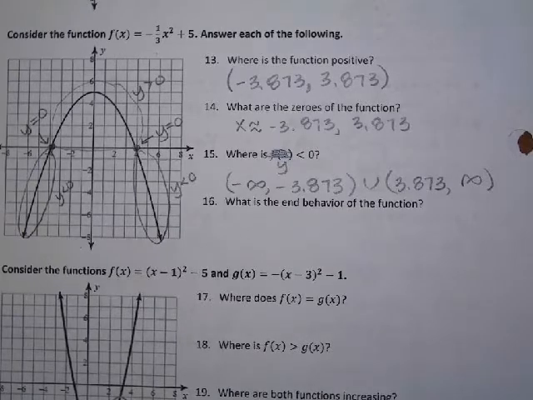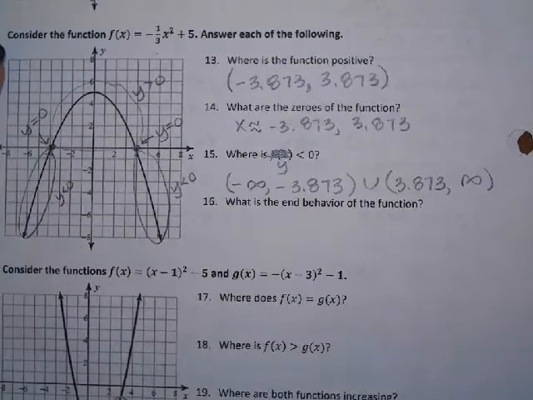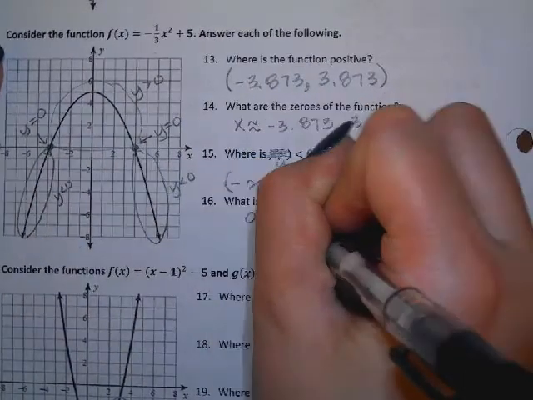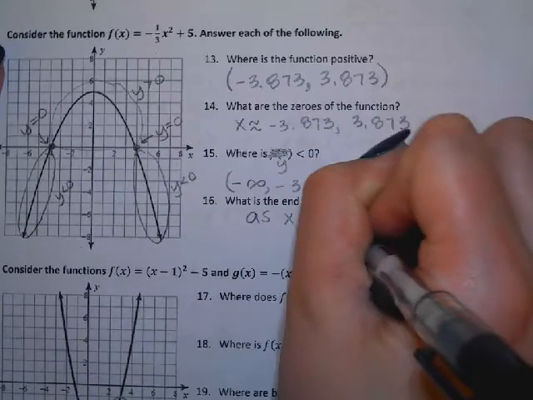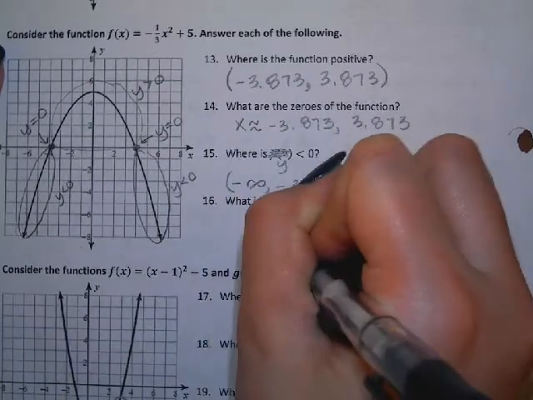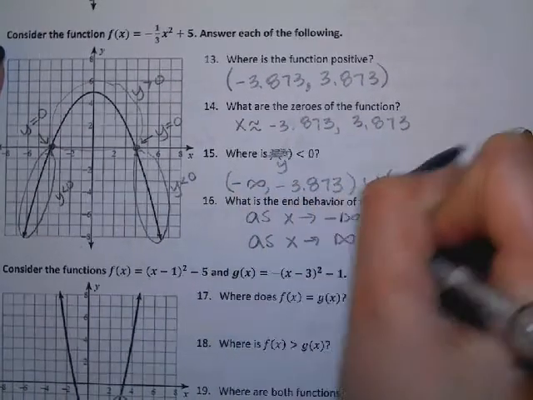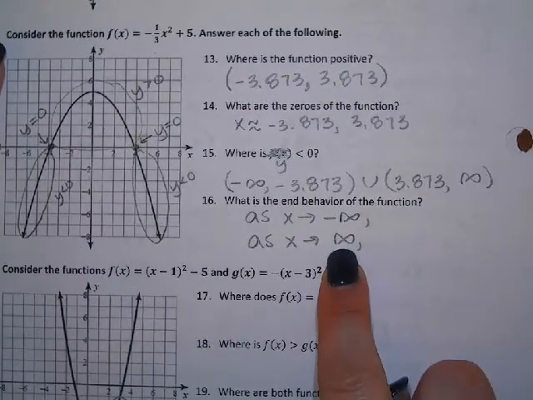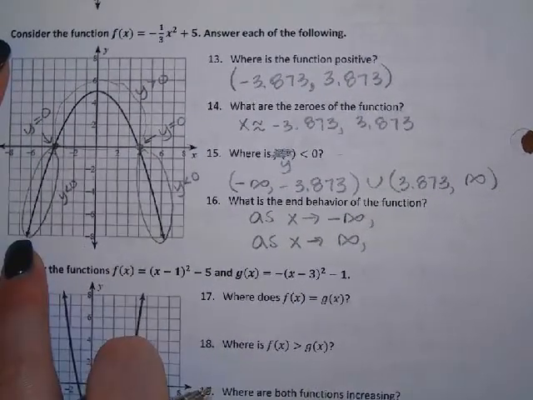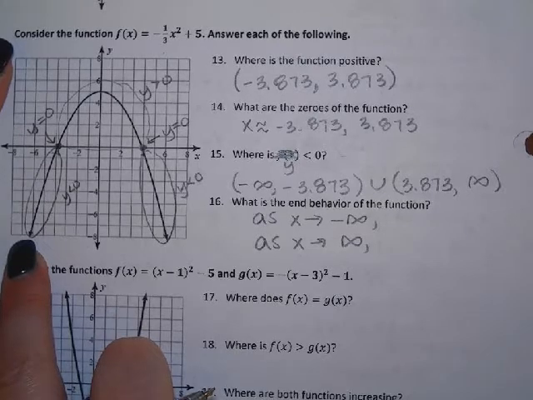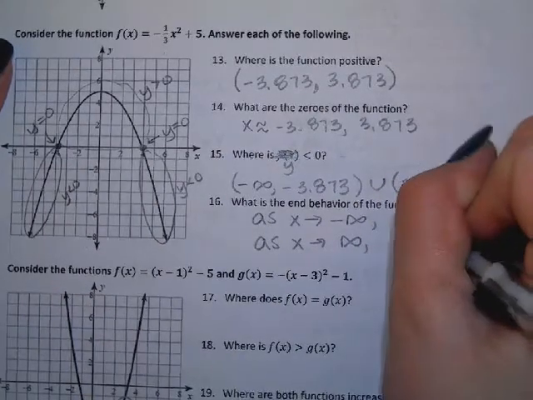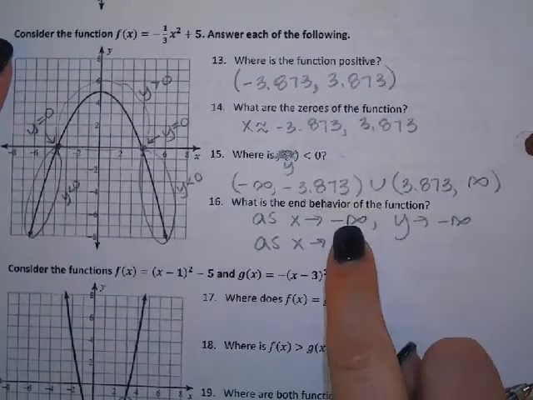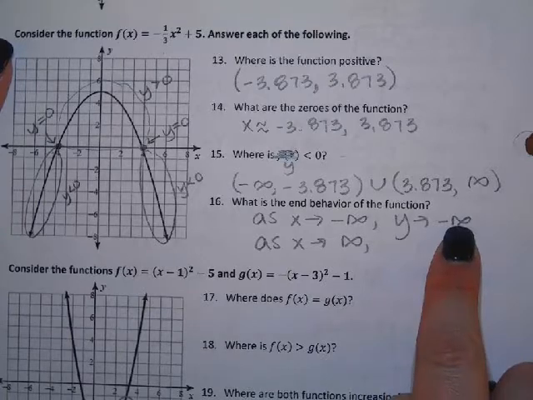I just have Charmin. All right, what is the end behavior? So we always start end behavior as x goes left arrow, as x goes right arrow. Okay, so this is the left arrow, this is the right arrow. Which way is the left arrow pointing? Down. So the left arrow goes down.